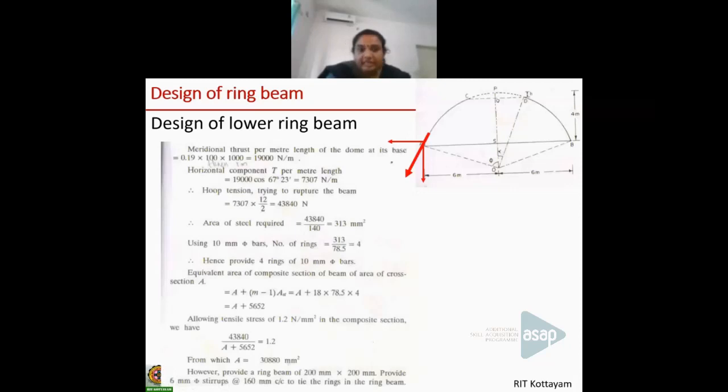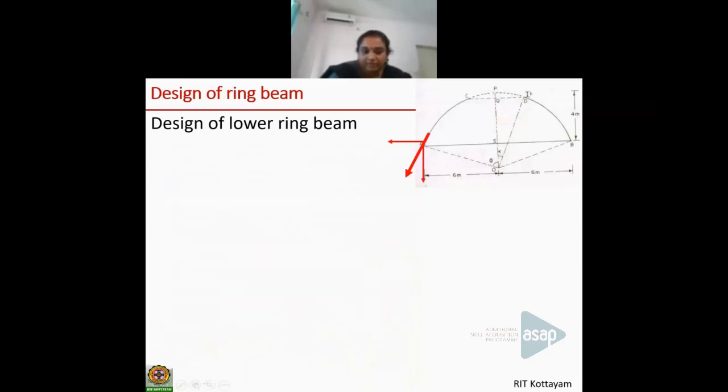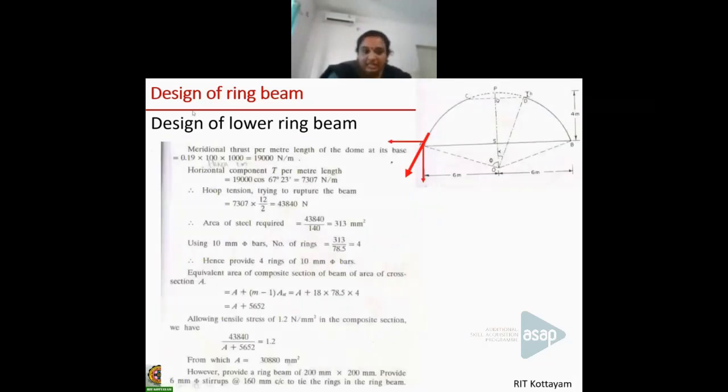So how do you get that value? We know that at the base point, you got 0.19 value, right? This value, 0.19, needs to be converted into force, that is thickness multiplied by the width, that is 1 meter. So you'll get 19000 Newton per meter.